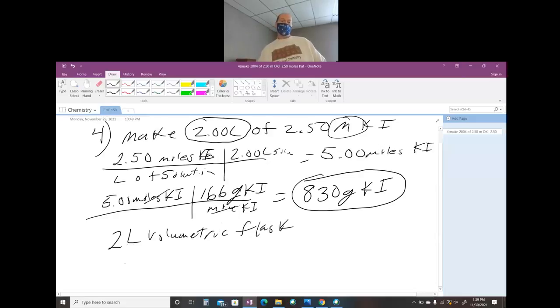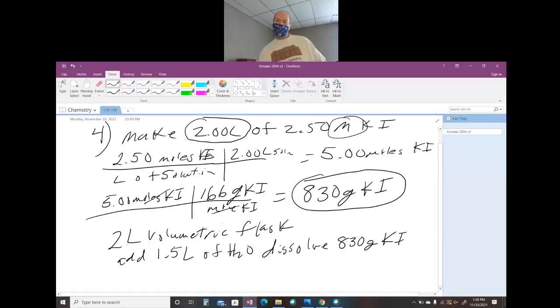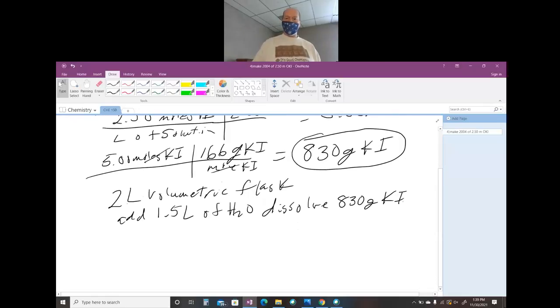Let's say we add 1.5 liters of water and then dissolve the 830 grams of KI. You swirl it until all of the KI dissolves.